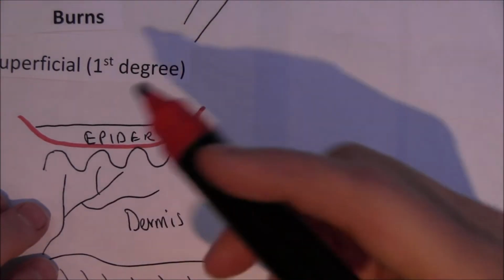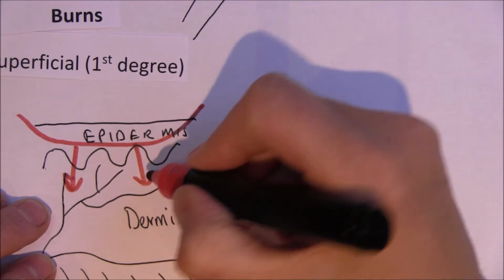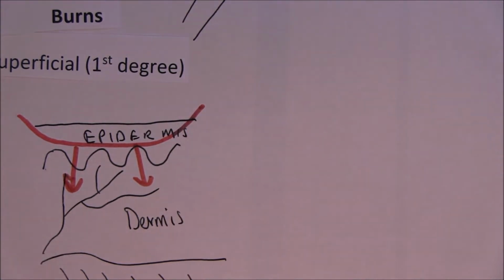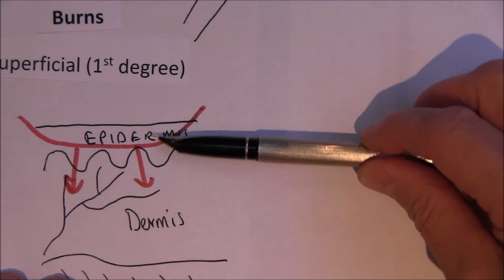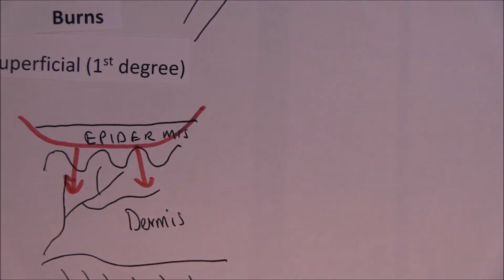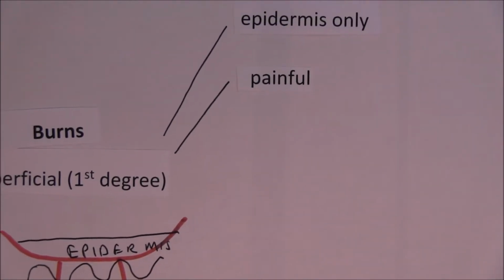So the inflammatory changes will go further down from the burnt epidermis into the dermis, and will certainly stimulate the dermal nociceptors as the inflammation goes from the epidermis down into the dermis. So they are still painful injuries.